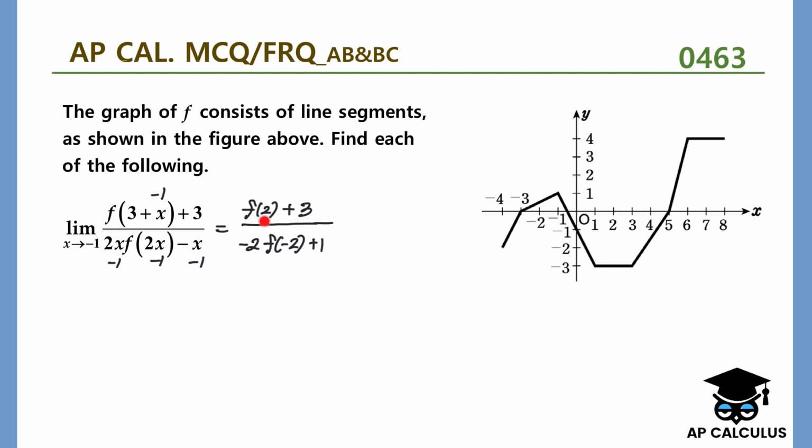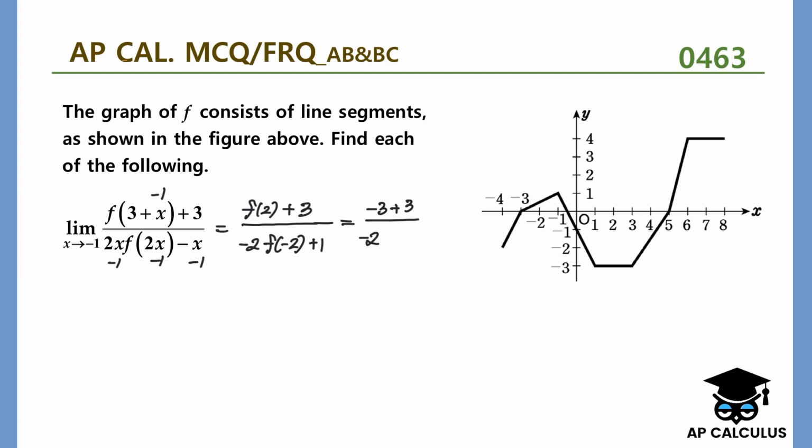What's f of 2? When x is 2, y is negative 3, right? So equal to negative 3 plus 3 over negative 2 times what's f of negative 2? When x is negative 2, that's going to be 1/2, right?